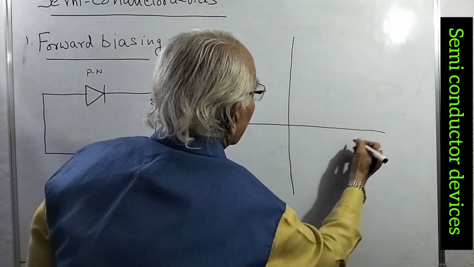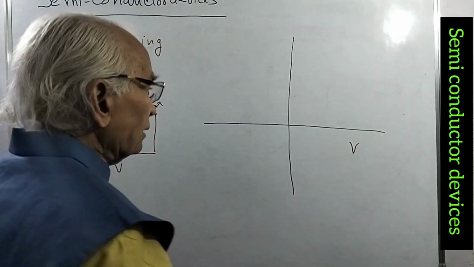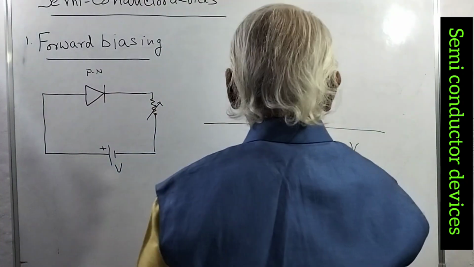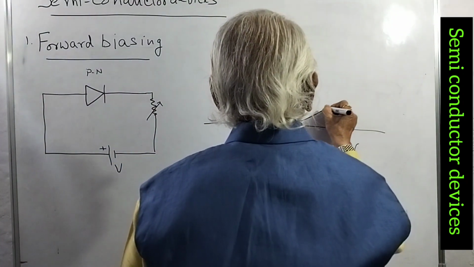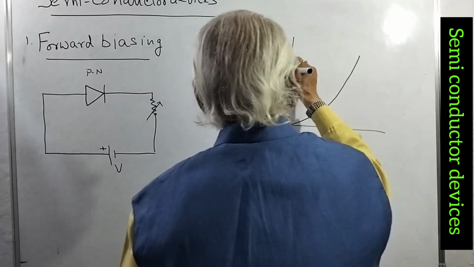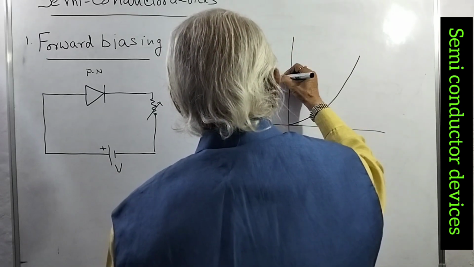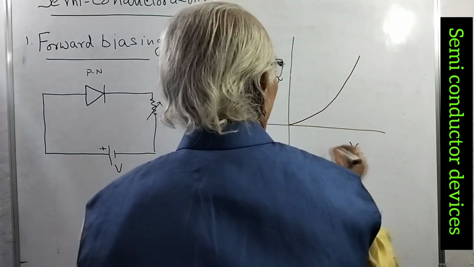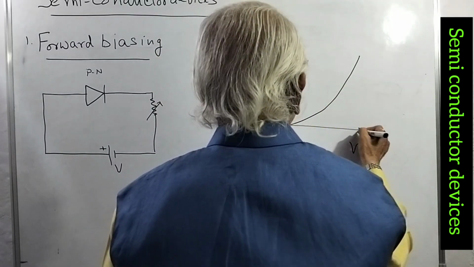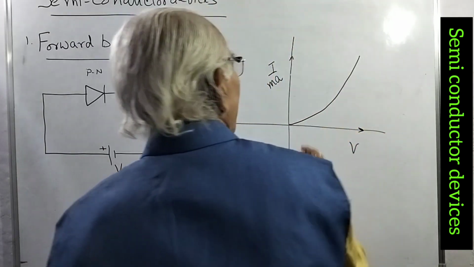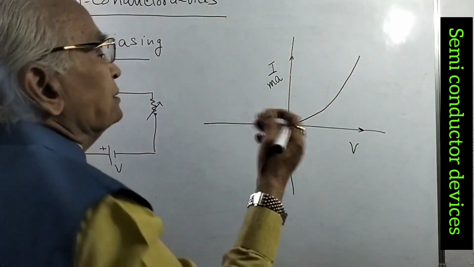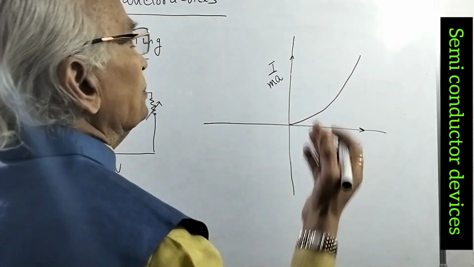If we draw a curve between the voltage and the current, with the voltage on this axis, from zero the current increases like this. Current in forward biasing is a few milliamperes. Voltage increasing, current increasing, but don't increase voltage beyond a certain limit so that current becomes very large.